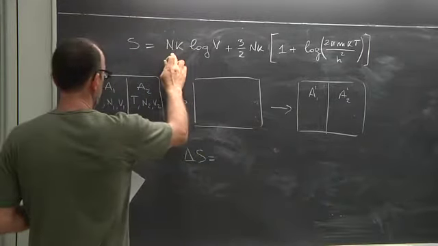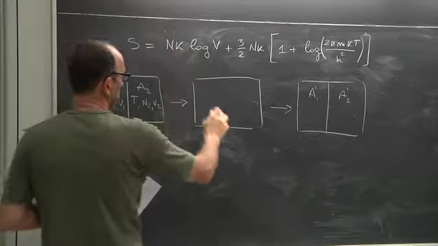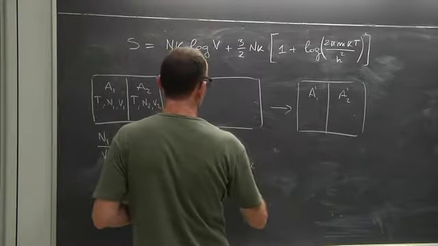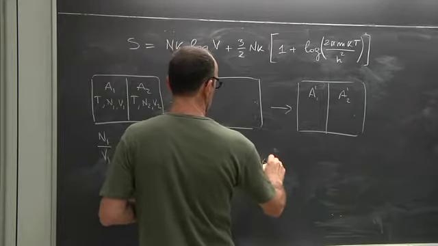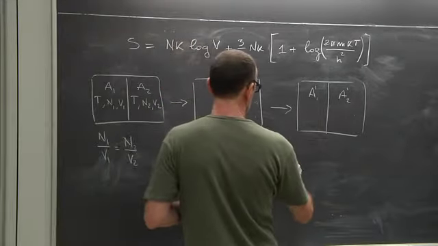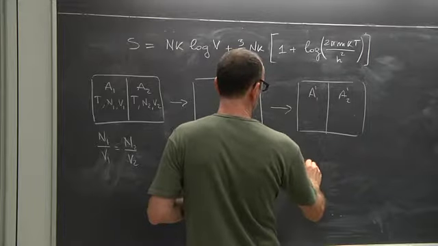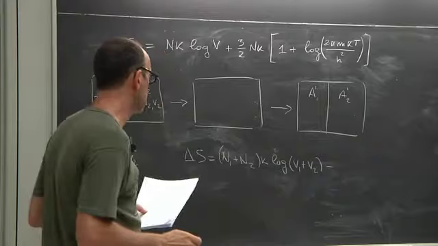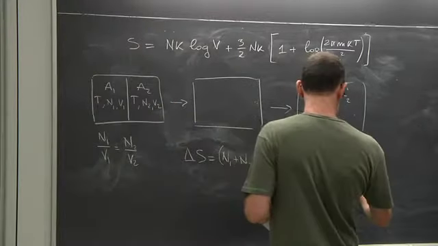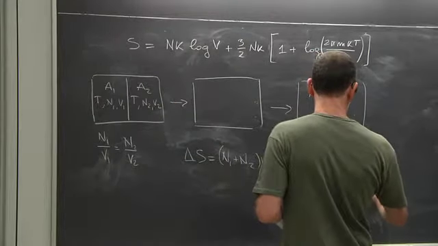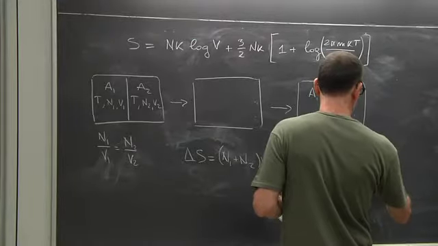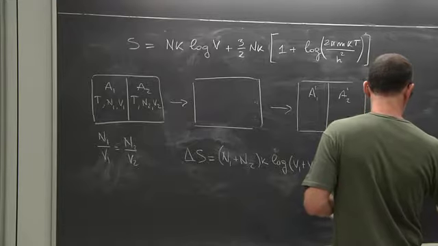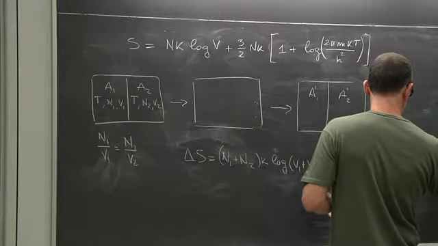The final system will have total number of particles N1 plus N2, so the entropy is (N1+N2) k log(V1+V2). And the entropy of the initial system is N1 k log V1 plus N2 k log V2.